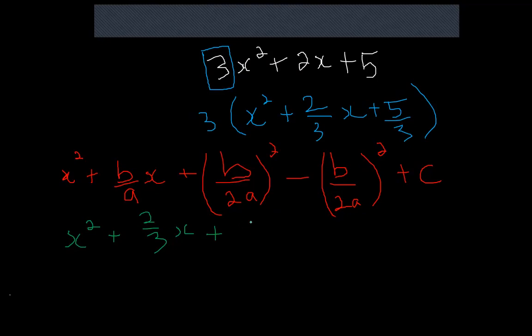Anyways, b on 2a squared. So that's half of this, which is 2 on 16. I'm not even doing this right. Yes, it's half of that. No, it's half of that squared. So yes, okay. Which is 1 on 3.